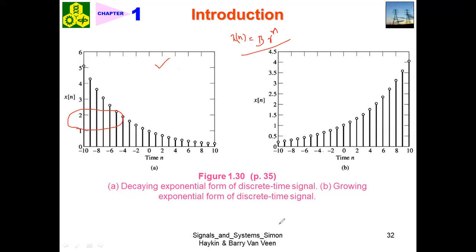Let me take you to the whiteboard once again. So we are on the whiteboard. x of n equal to b into r to the power n.